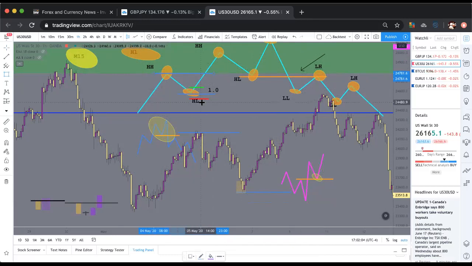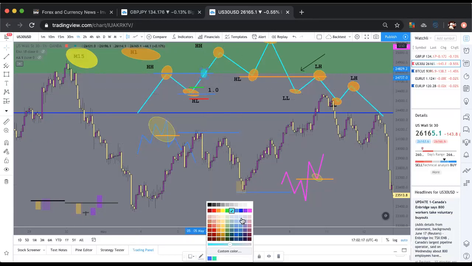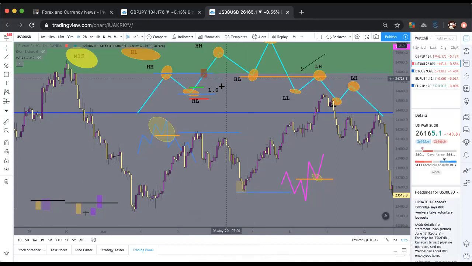So your tested candles give you your structure points. Your breaks, however, occur in areas like this. I'm going to use red because that's the color.